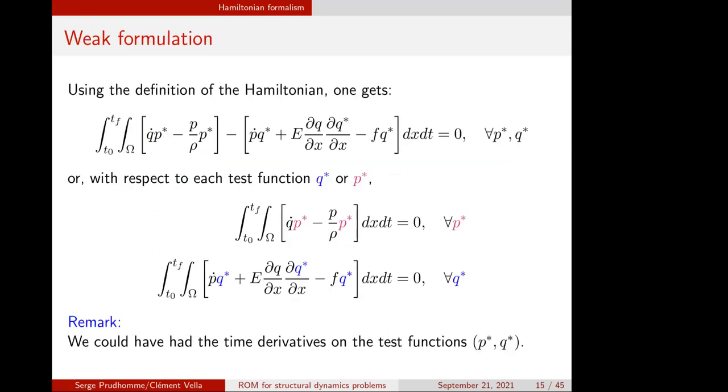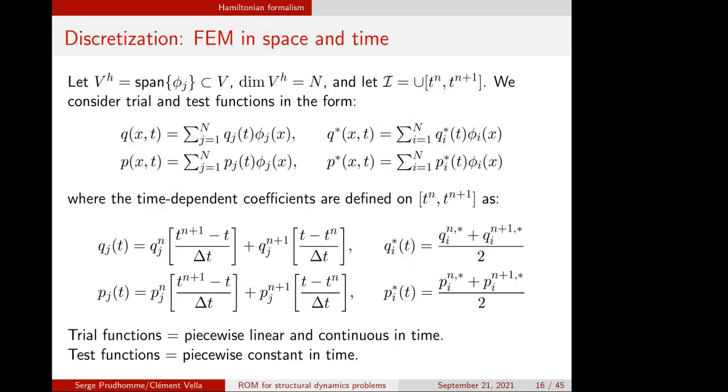One thing that is nice about this formalism is that we have some flexibility to introduce the discretization of the two equations. In this case, we are going to use finite elements not only in space, but also in time. I'm showing here some details where we consider the trial functions Q and P given as linear combinations.